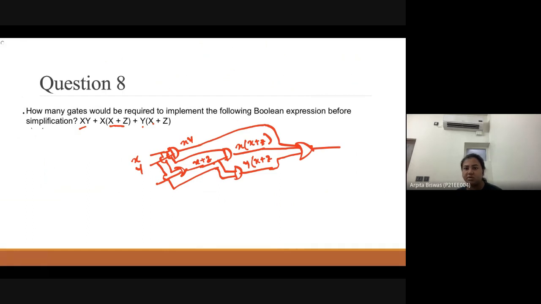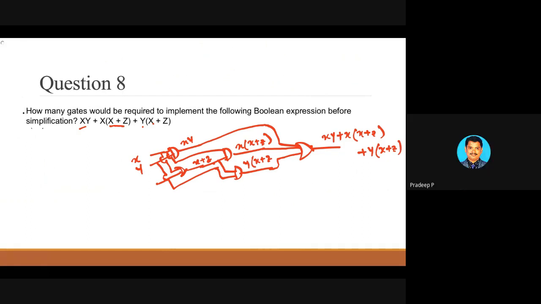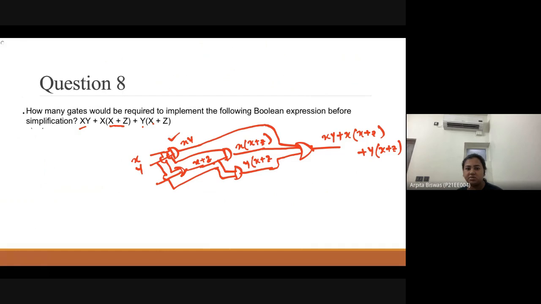Then what will be the output? X into y plus x into x plus z plus y into x plus z. So how many gates are required? One, two, three, four, five. The right answer is five.